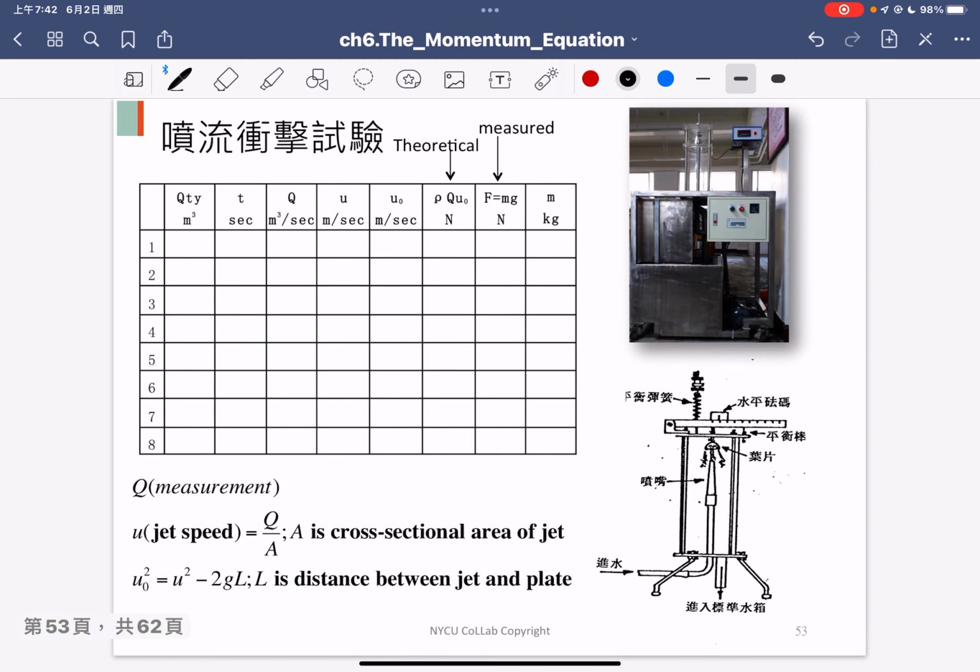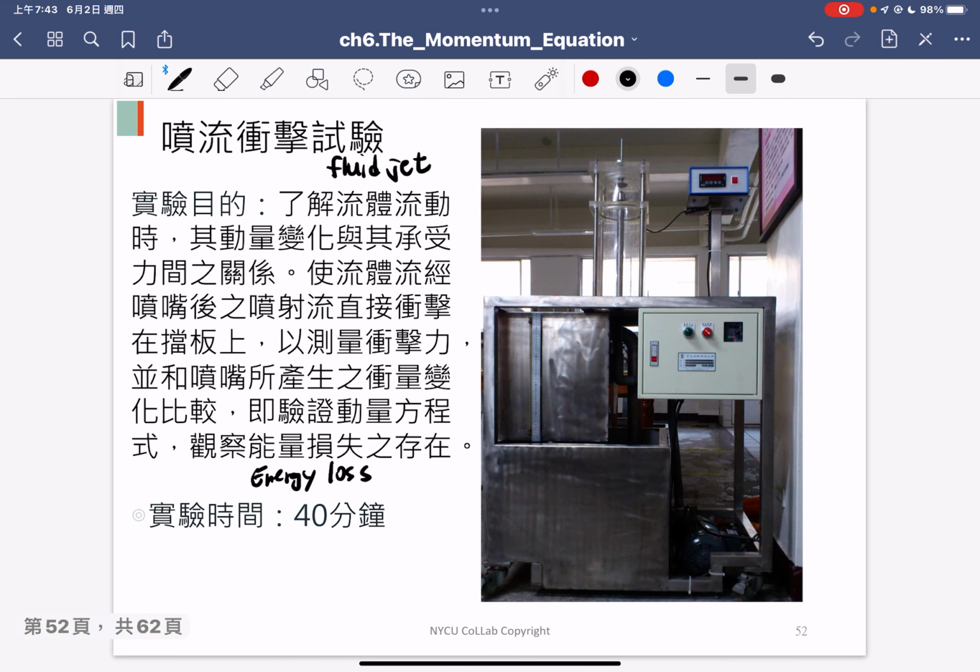Okay, so that's why I just showed a table summary. So the idea is quite simple. We will have a velocity outside in here, so we will have the velocity u, and then the fluid jet with the velocity will impact the plate here. So there is a receiver plate, and the plate will be connected to the force recorder.